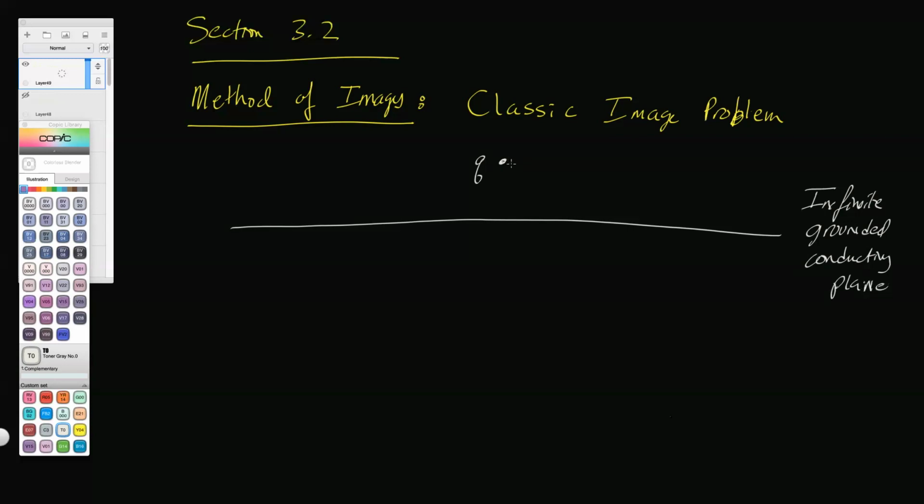Okay, and its distance above the plane is d. And we want to know what is the potential in the region above the plane. So the question is, what is the potential in the region above the plane?